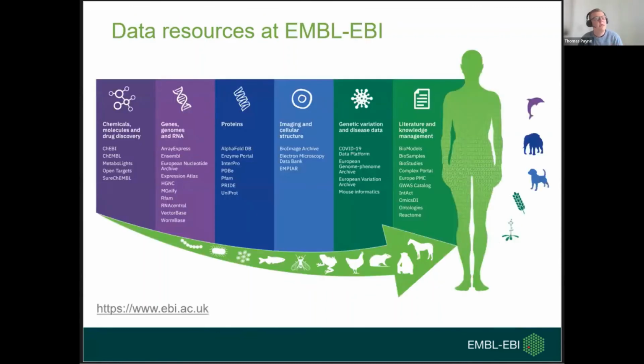And also, just to finish, there are many other data resources at EMBL-EBI, so not just focused on chemical molecules and drug discovery, such as MetaboLights and ChEBI, but from genes and genomes and RNA, so the Ensembl database, the ENA, the Nucleotide Archive, MGnify, to the proteins such as PRIDE or AlphaFold, UniProt, to imaging and cellular structure information, genetic variation and disease, and literature and knowledge management. So please do make use of all those resources to help you.